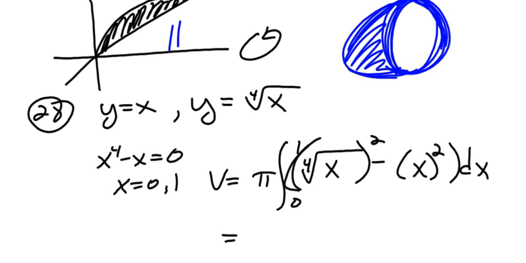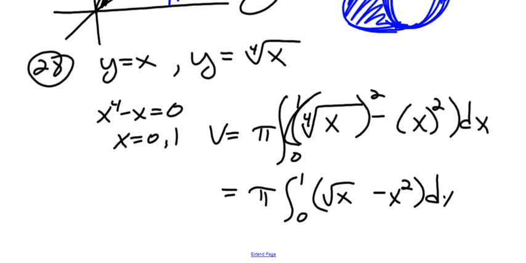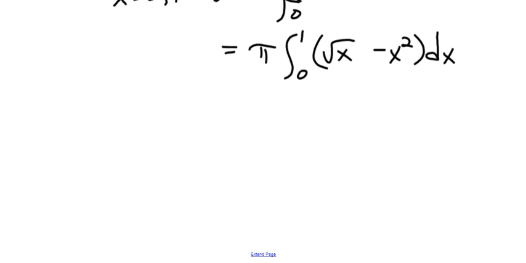So going ahead and taking the fourth root of x squared leaves us with the square root of x minus x squared dx. And then we can go ahead and put that in exponential form, find our antiderivative, and then we should get down that our volume is pi over 3.